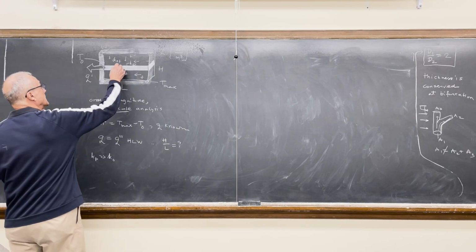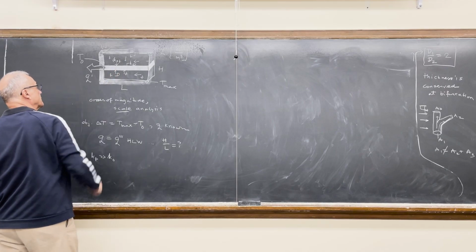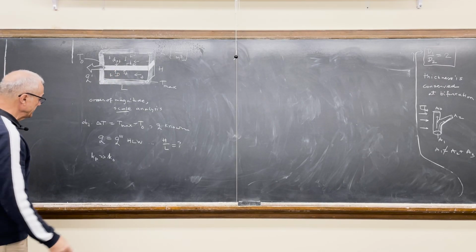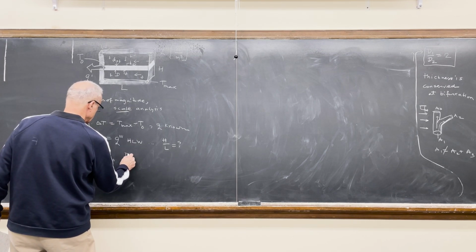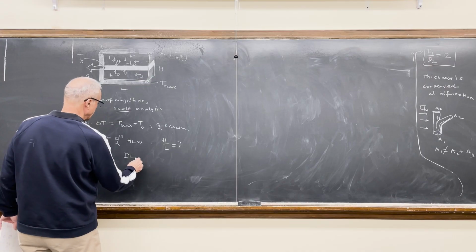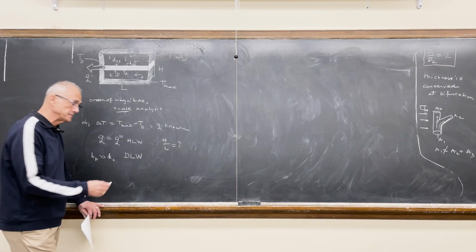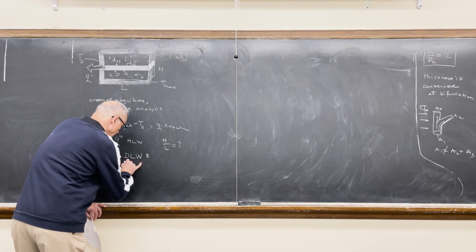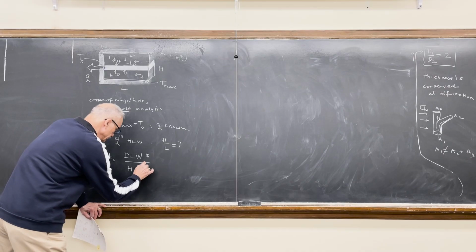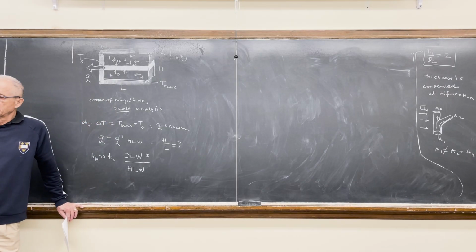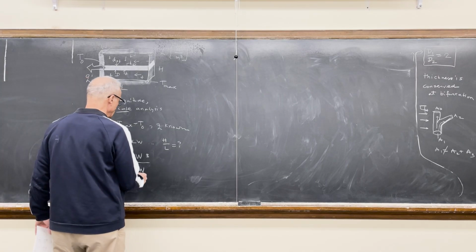The blade has a size determined by the thickness of the blade, D, L, and then W. That's the expensive material, divided by the total volume, which is H, L, W. This ratio, because it is expensive, is a lot smaller than 1.